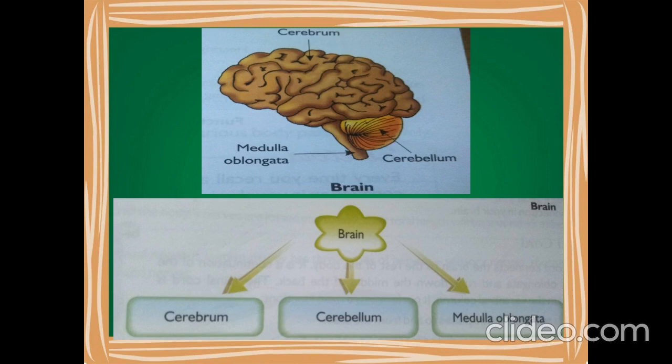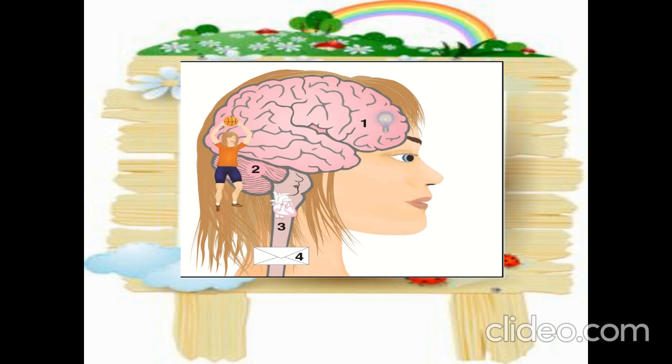Okay, in last class we discussed about this picture. Now, based on the images pasted in the portion of the brain, we have to judge the functions of that part, right?